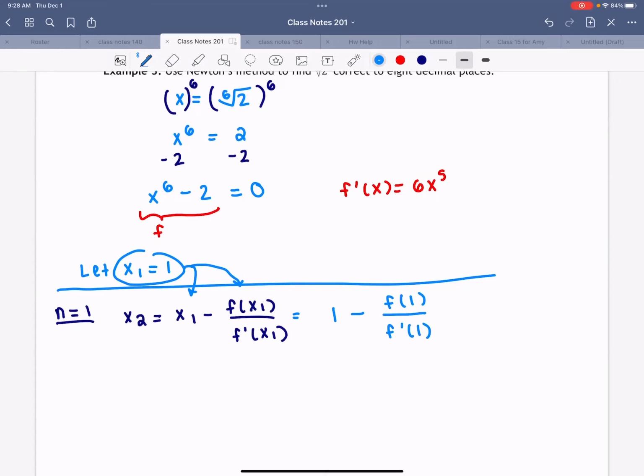I'm plugging 1 into f, which is my 6th power equation, so 1 to the 6 minus 2. The equation on the bottom is 6 times something to the 5th power. So I'm plugging f on the top, f prime on the bottom. This is an example in the textbook, so I know this is right. This is equal to 1.16667. I know this is correct.